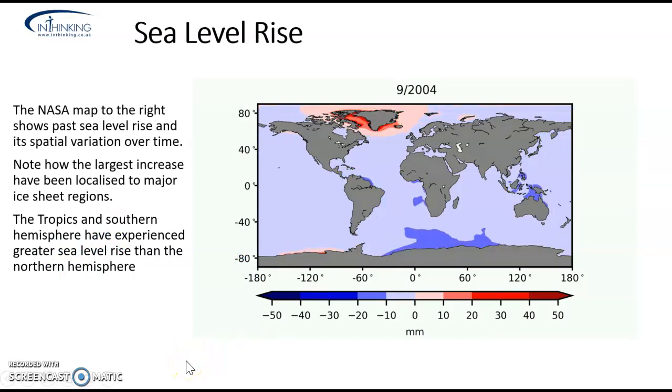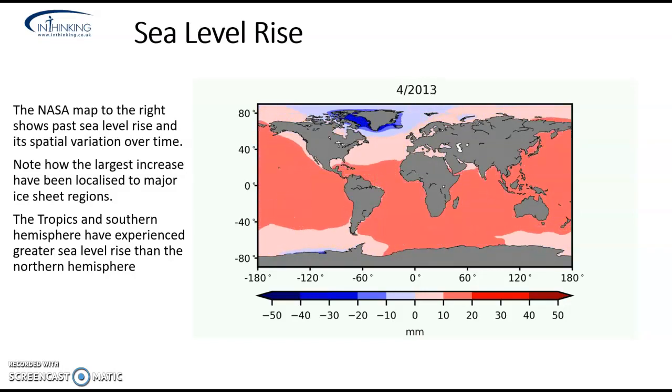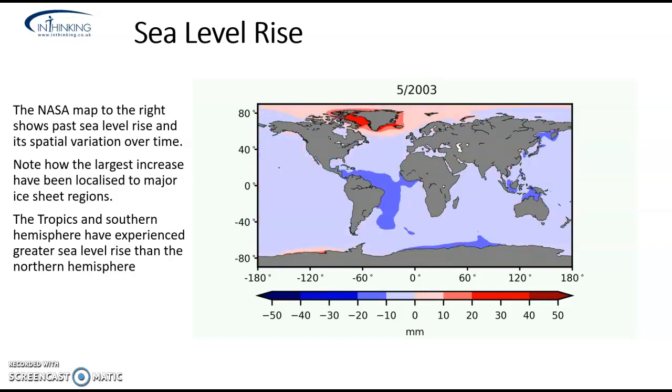When we look at an historical map like this one, we're seeing sea level change, sea level rise. And what we see is the spatial pattern is quite varied over time. And so there are going to be some quite significant localized differences with sea level rise. So sea level rise will be experienced very much at the global scale, but more pronounced at the local scale.